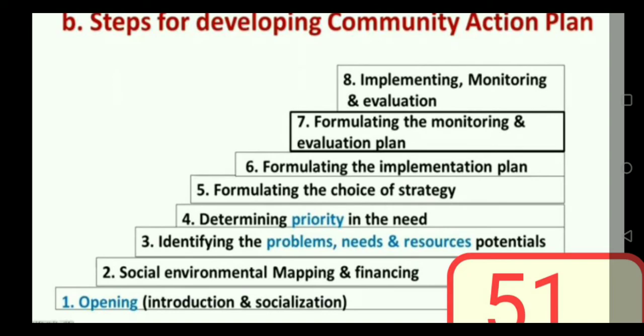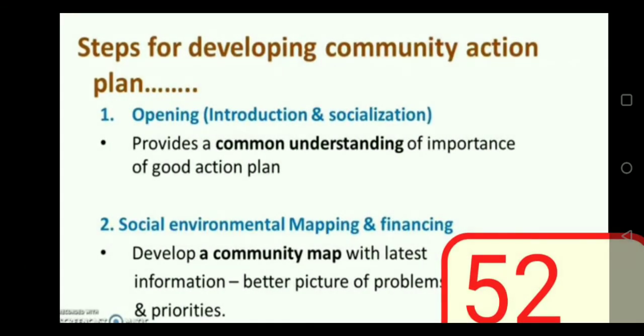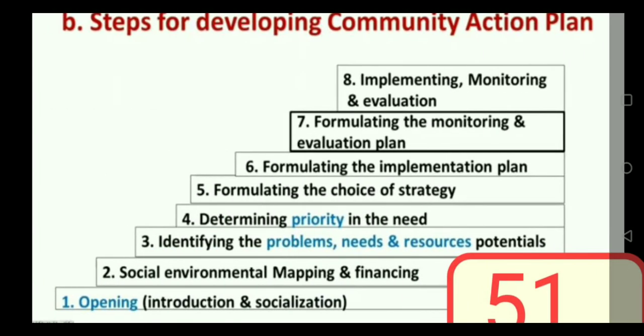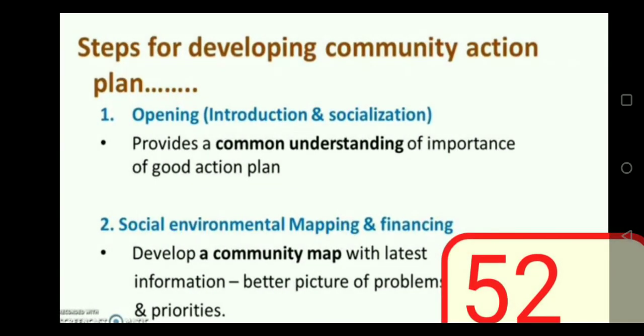Fifth one is formulating the choice of strategies. Sixth one, formulating the implementation plan. Seventh one, formulating the monitoring and evaluation plan. Eighth one is implementing, monitoring and evaluation. There are 8 steps here, and we will learn them one by one.